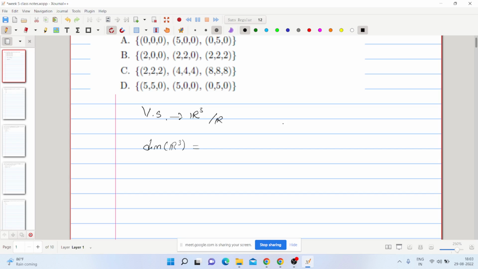Usually we write the basis of R3 as (1,0,0), (0,1,0), (0,0,1). This is our standard basis. The number of elements in this basis is 3. So we say the dimension is 3.